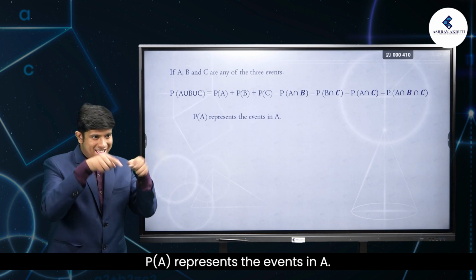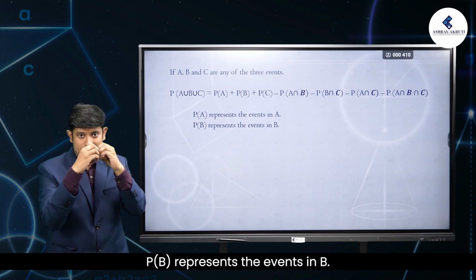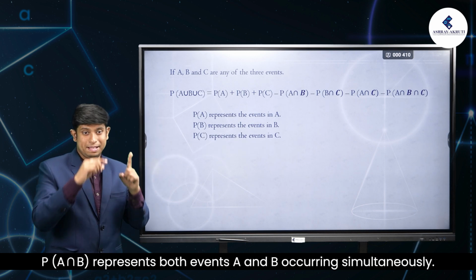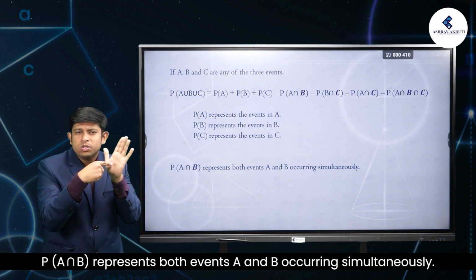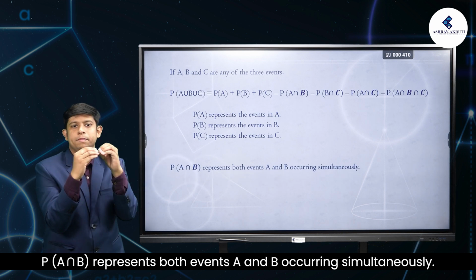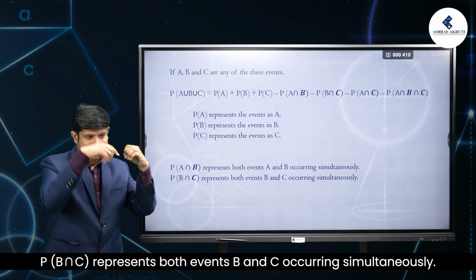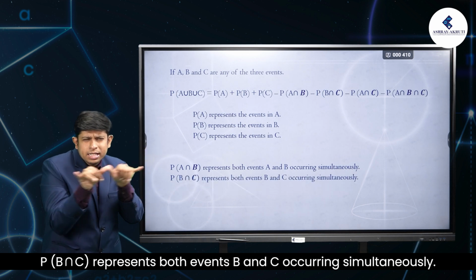Here P of A represents the events in A, P of B represents the events in B, P of C represents the events in C. P of A intersection B represents both events A and B occurring simultaneously. P of B intersection C represents both events B and C occurring simultaneously.